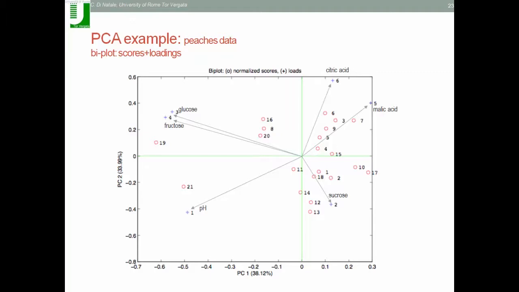So these fluids are characterized by a high concentration of acid, and orthogonal to it is the direction of sugar, and here we have a bigger quantity of sugar inside the fluids. We also observe that sucrose is anti-correlated with respect to glucose and fructose. Sucrose is the disaccharide of glucose and fructose.